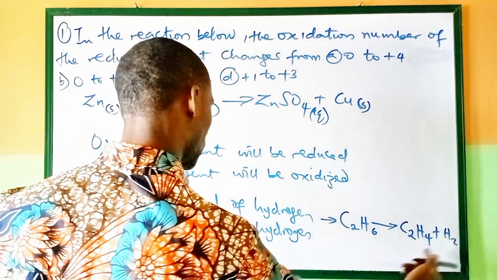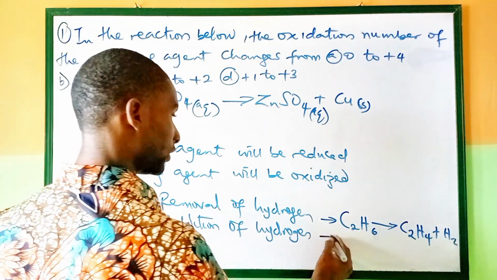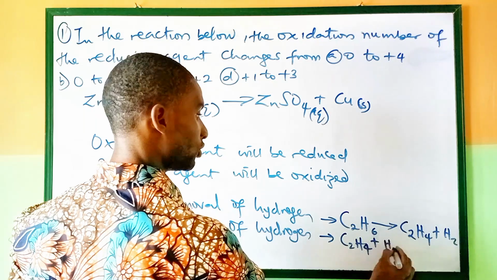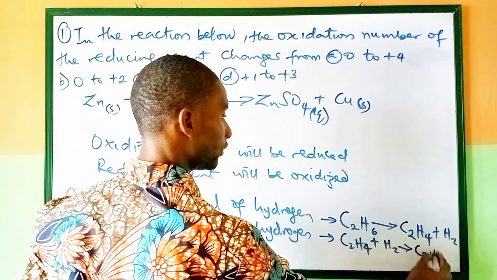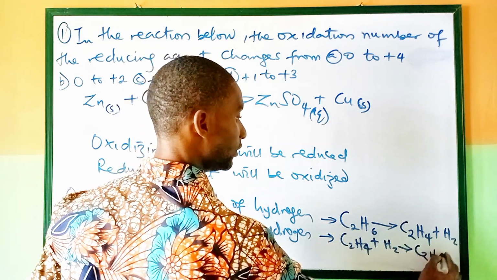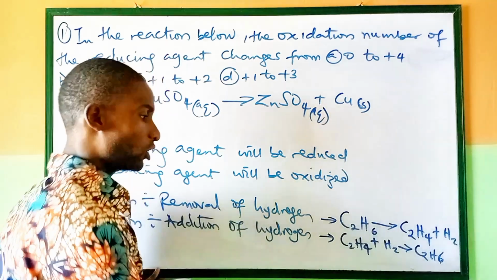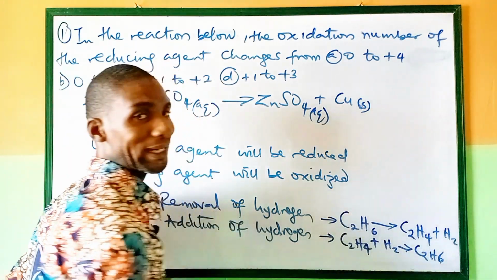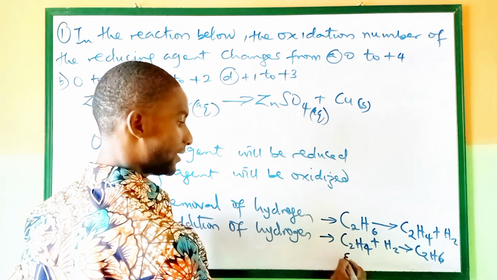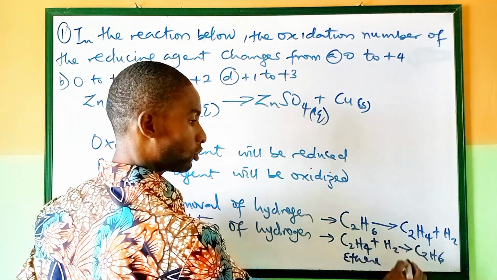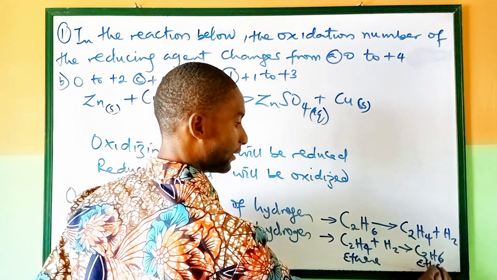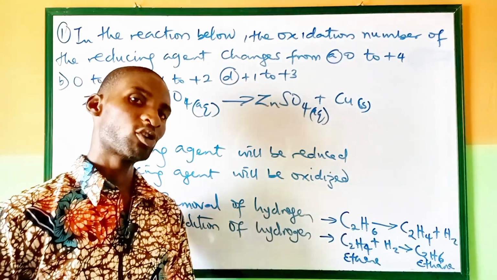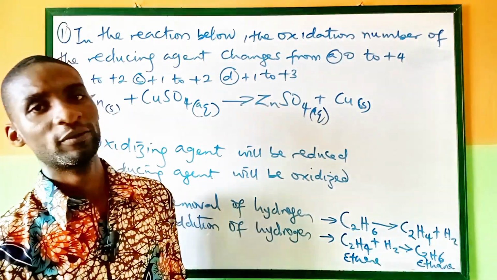While reduction, the reverse of it, if I have my ethene and I add hydrogen to it, I have C2H6. So this is what you call reduction. That means an alkene undergoes reduction to give you an alkane. This is ethene, undergoes reduction to give you ethane. I hope that is clear. So that is in terms of oxygen and in terms of hydrogen.